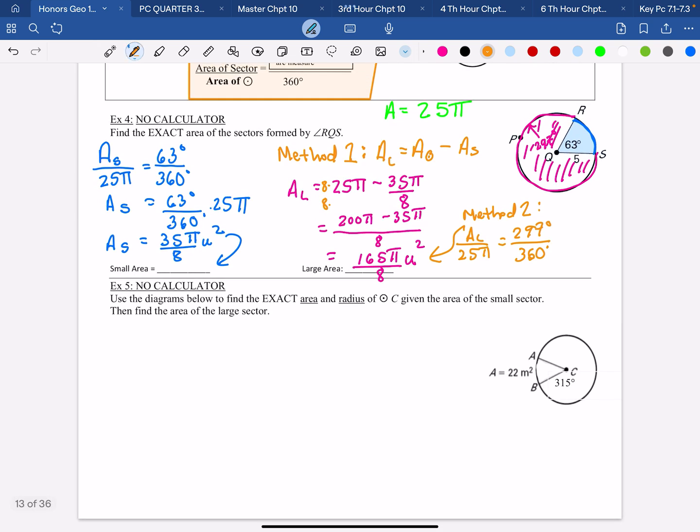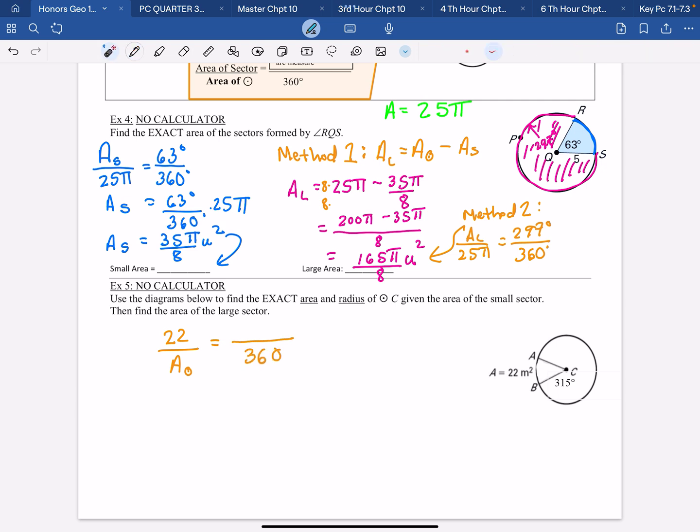Okay, and the last problem that we have over here is use the diagram to find the exact area of the whole circle. Notice they gave you a chunk, one piece of the area. So the proportion we're going to solve for is part of the area divided by the entire area of the circle is equal to, be really careful here.